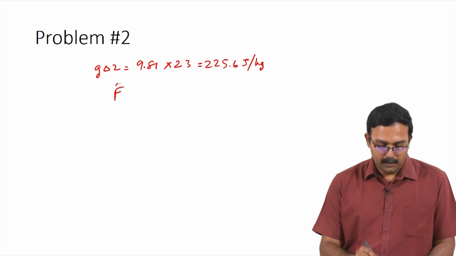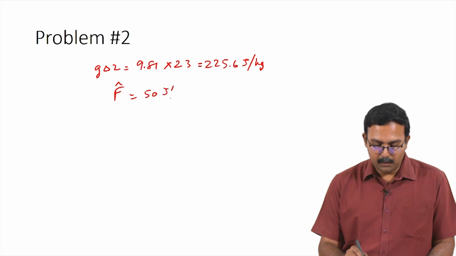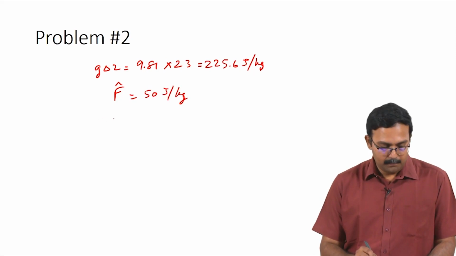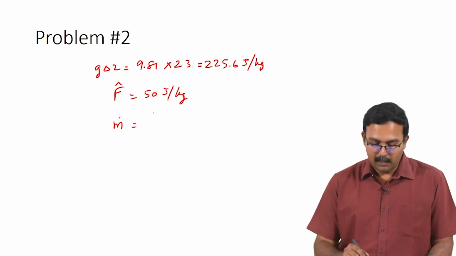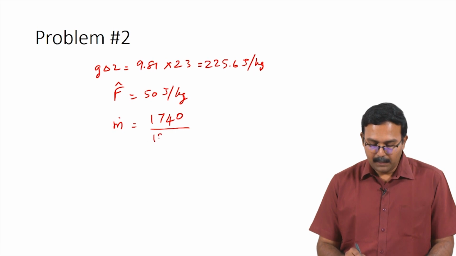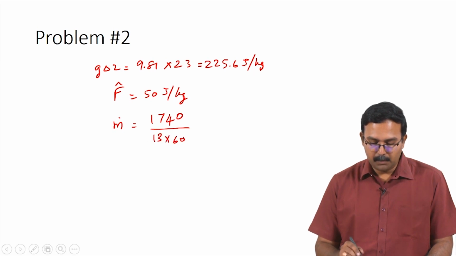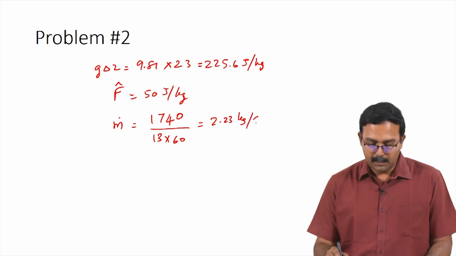We already know that F cap is 50 joules per kilogram. We can calculate the mass flow rate from the mass we had already calculated from the material balances. So, it is 1740 kilograms supplied in 13 minutes. So, in terms of kilograms per second, it would be 2.23 kilograms per second.